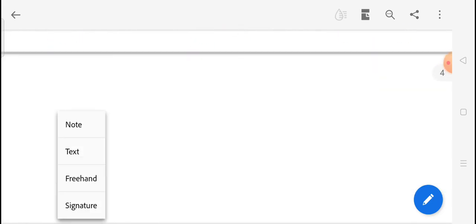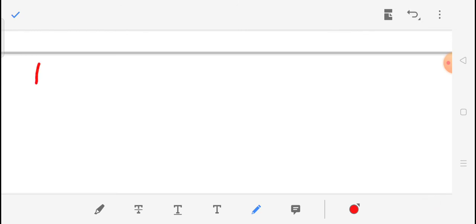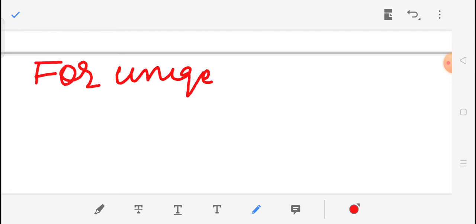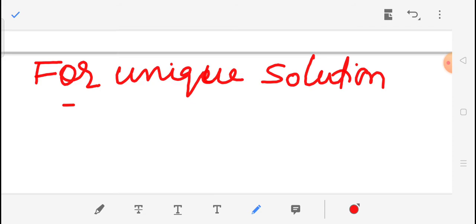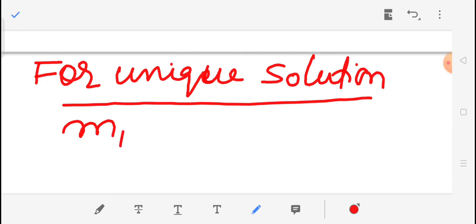Using this, we can get the condition for a unique solution. So for a unique solution, the lines must be intersecting. When they intersect each other, their slopes are not going to be equal, that is, m1 is not equal to m2.